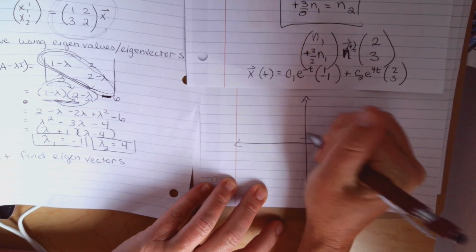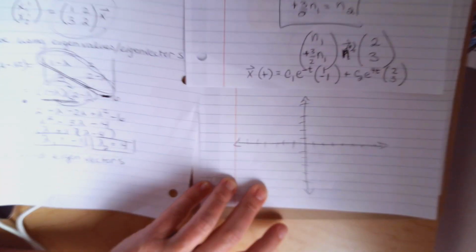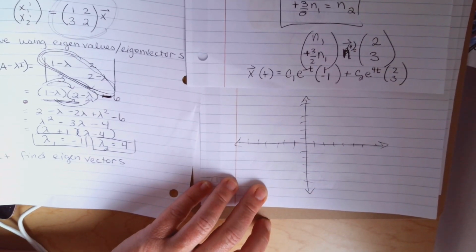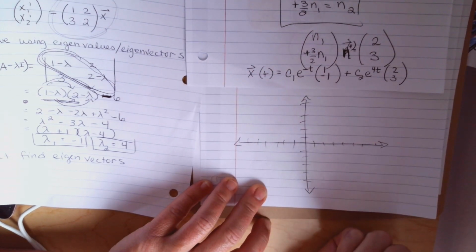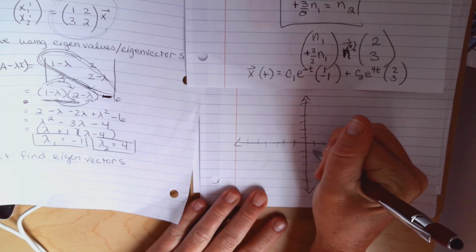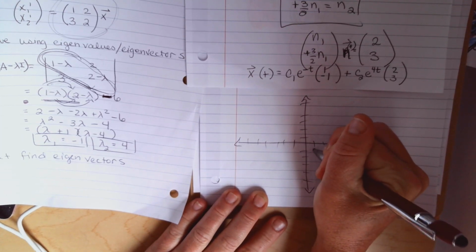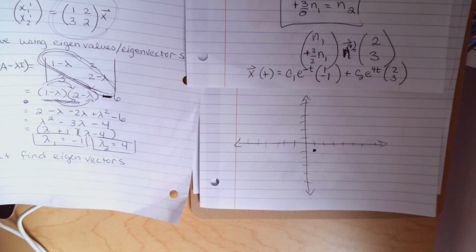It doesn't have to be exact. I'm just giving you an idea, and I'll expect that for your assignment too. You can just do a hand-drawn graph if you want. Negative 1 gives me a dot here. And then what I do is I draw a line through the origin using that dot.